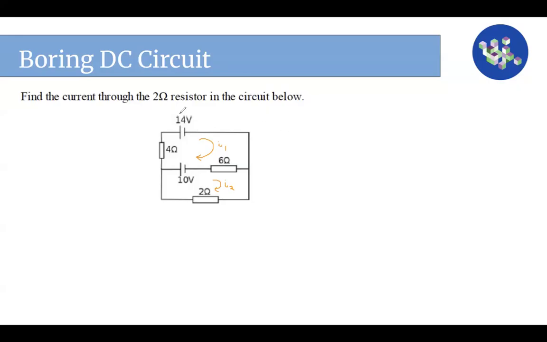We have minus 14 for this, minus 6 times the current in this branch, which is going to be I1 minus I2, plus 10 for the 10 volts, and then minus 4I1 is 0.